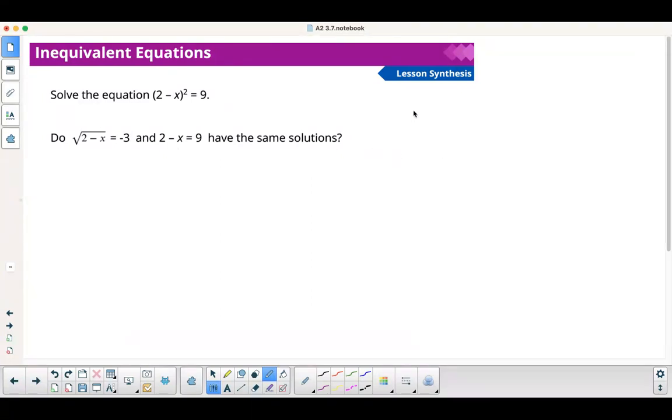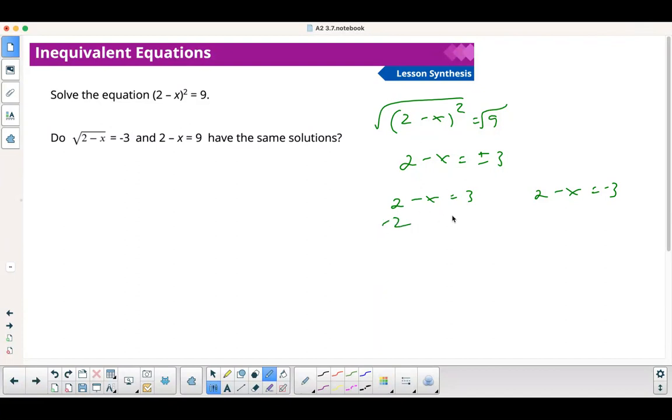All right. So here's a problem here for the synthesis. 2 minus x squared equals 9. Square root both sides. 2 minus x equals, really it's positive and -3. So here's what I'm going to do. I'm going to make two equations. So -2 from both sides. Divide by -1.